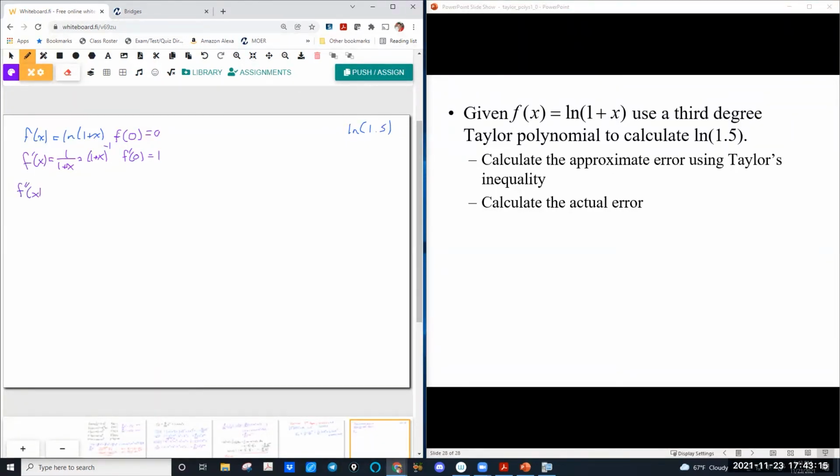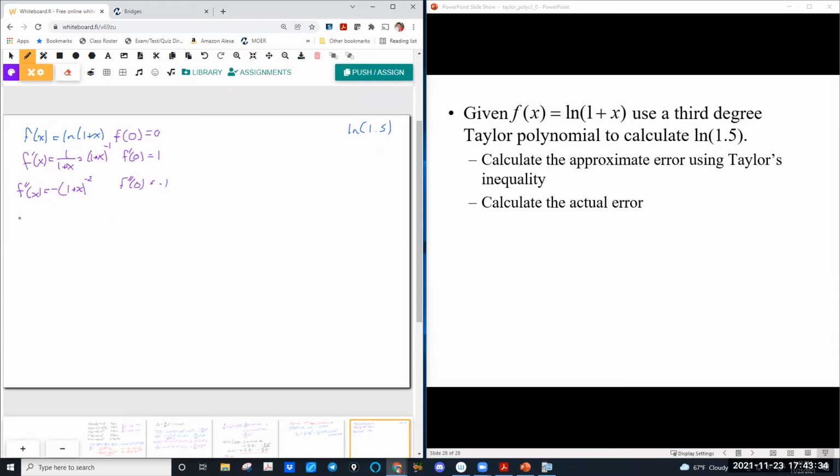f double prime is negative 1 times (1 plus x) to the negative 2, and f double prime of 0 then is negative 1.